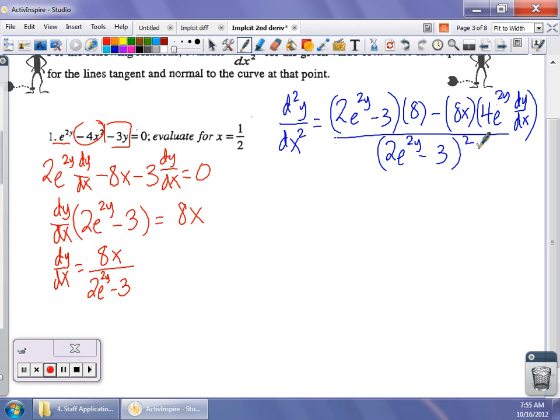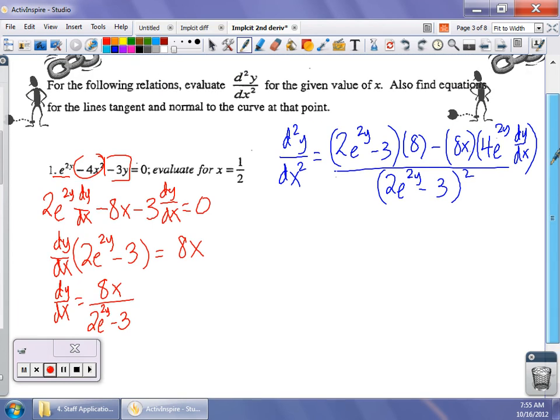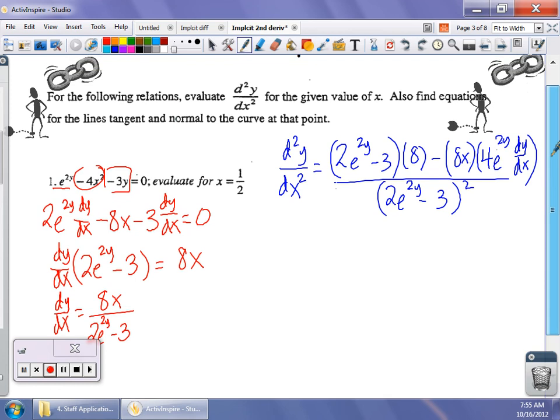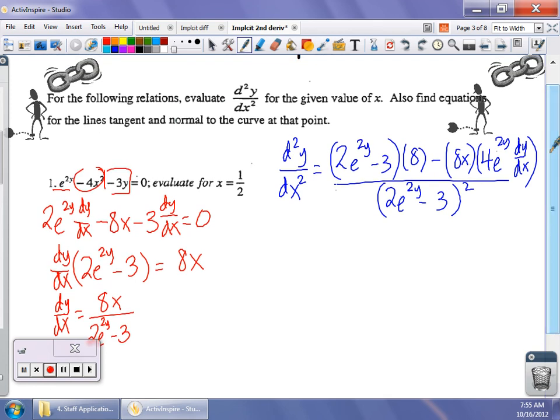Now in this particular problem, since I'm using this derivative, we were finding the lines tangent and normal to the curve. Those directions are not very clear because I don't know if they want us to write the equation of the tangent and normal lines to the original curve or to the first derivative.